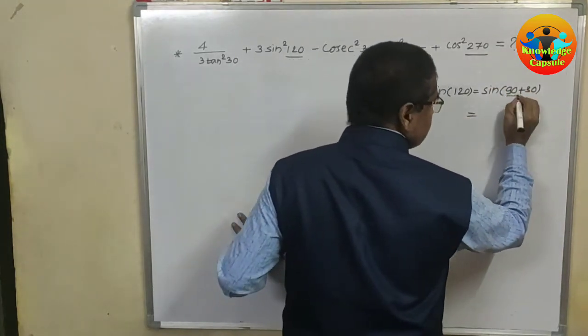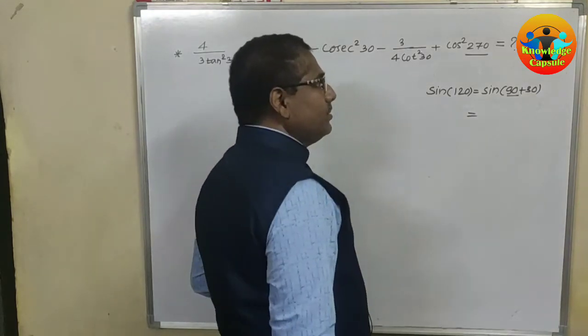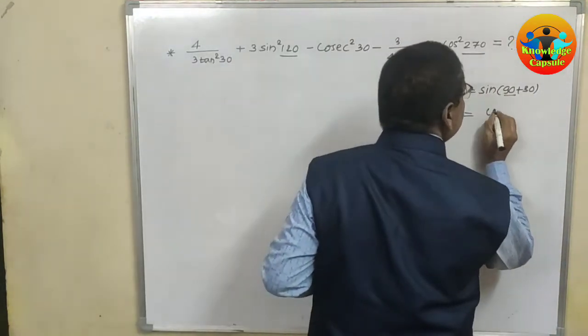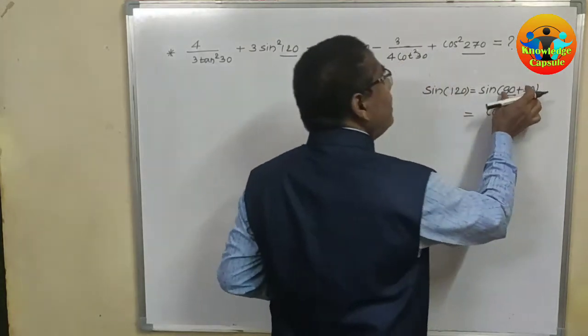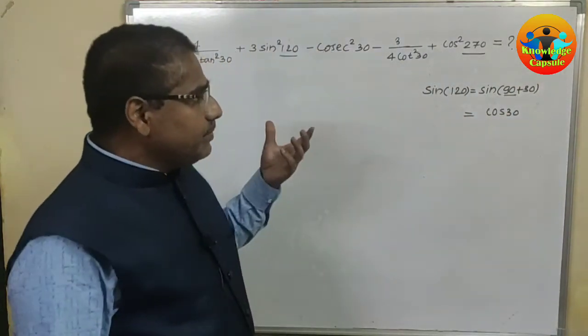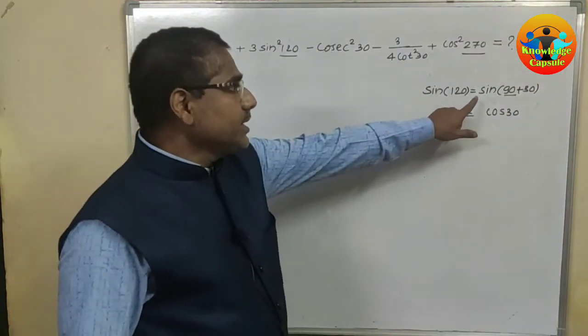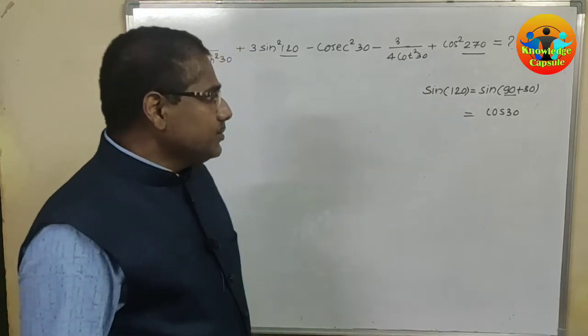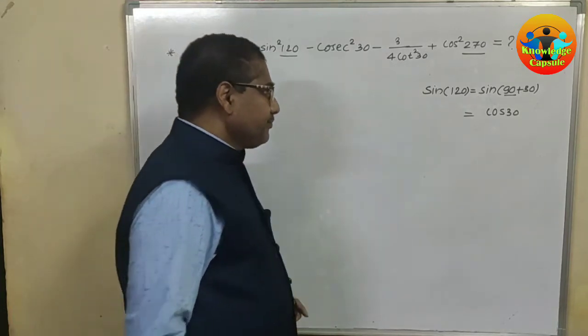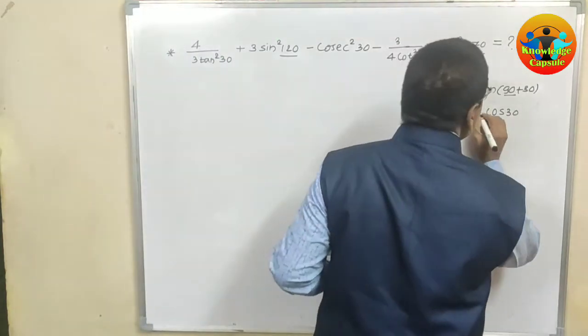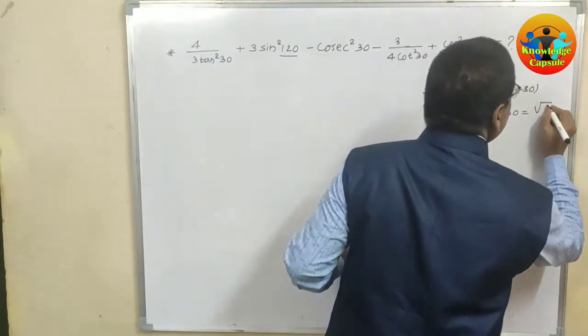As this value is odd multiple of pi by 2, we have to change this ratio. It will be cos 30, and 90 plus something we will land up in second quadrant, and in second quadrant the value of sine is positive, that is ASTC, and cos 30 is root 3 by 2.